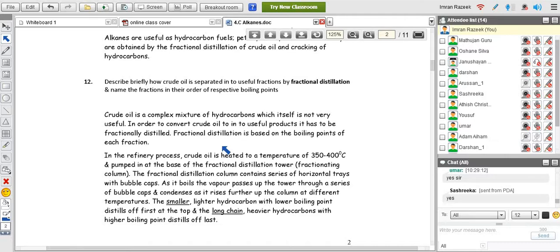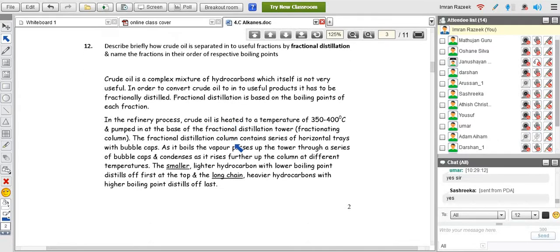In order to convert the crude oil into useful products, we carry out fractional distillation. Fractional distillation is a technique used to separate useful fractions based on their boiling points. We have done fractional distillation earlier. The mixture is heated, and when it vaporizes it gets condensed at different levels based on their boiling points.